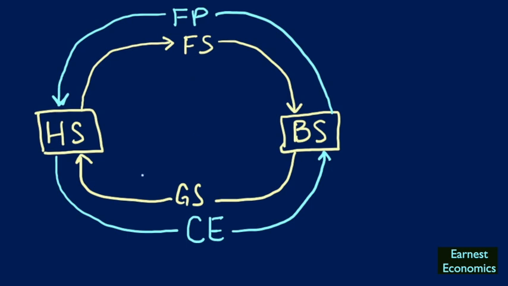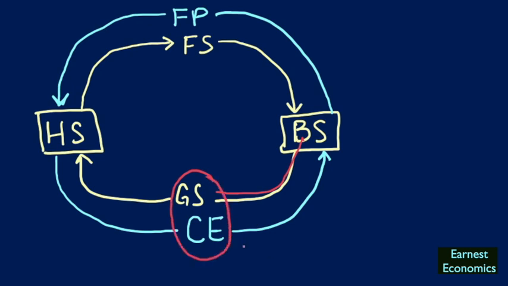Now if you look at the inner loop, goods and services move from the business sector. One thing we need to keep in mind here is where these transactions take place.